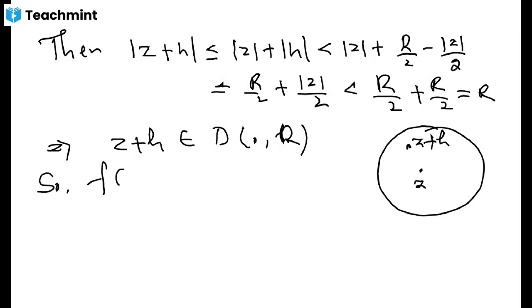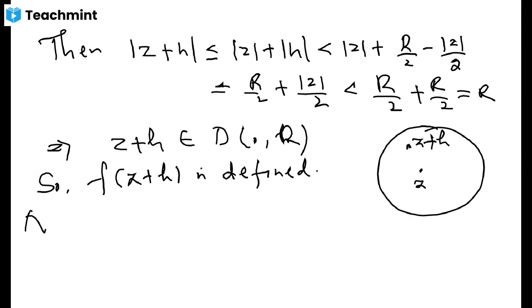Then I can apply f on z plus h. This is now a defined quantity, whatever h I take with that inequality. So I needed this term to be defined, because to prove that f is differentiable, I need this term to be there.